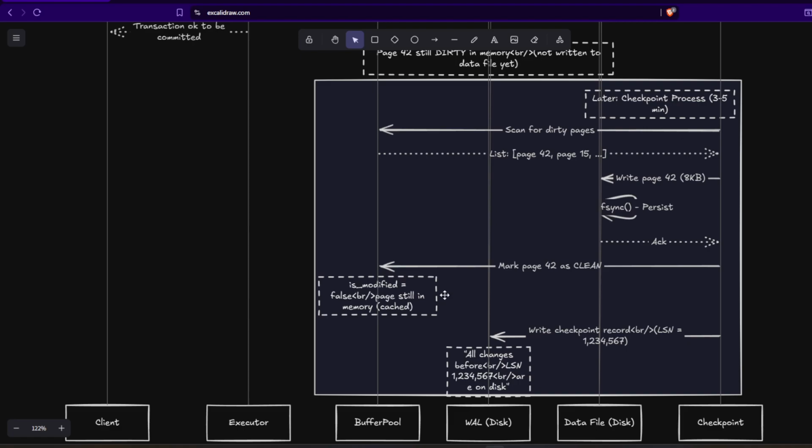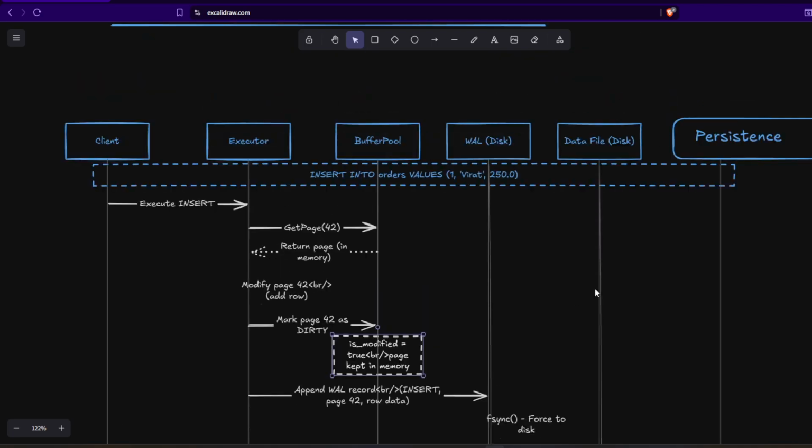So all changes are written onto the WAL, the write ahead log, as well as persisted into our actual OS storage. And again, what exactly is the importance of the WAL here? The WAL helps us replay all of our transactions at any point of time.